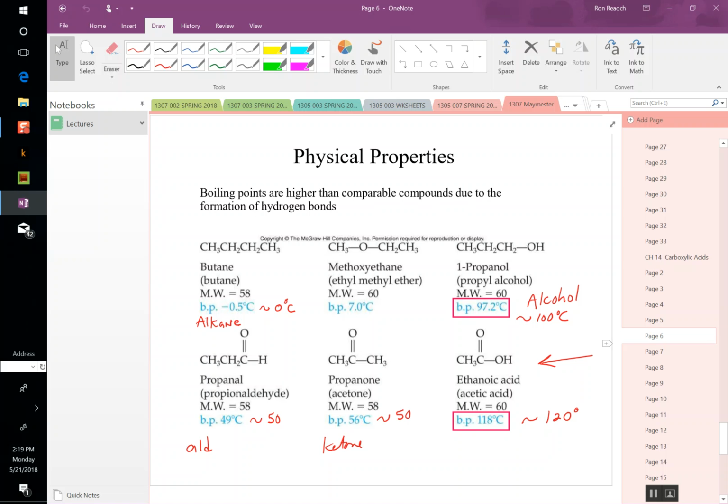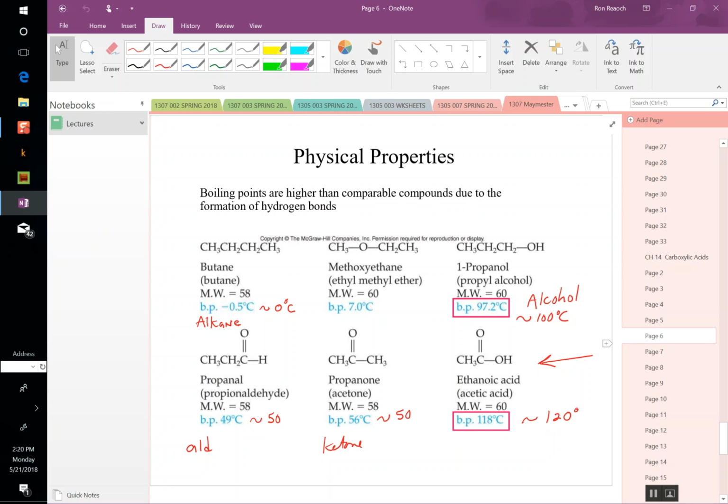All right, and then problem 2 is drawing certain structures. You can't do all of those. You could do some of those, because 2B is an ester. We haven't gotten there yet. Okay, so you really can't.